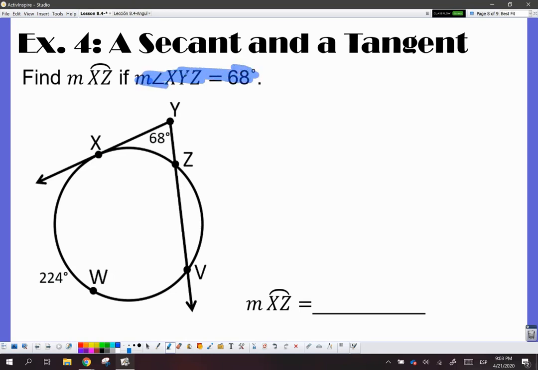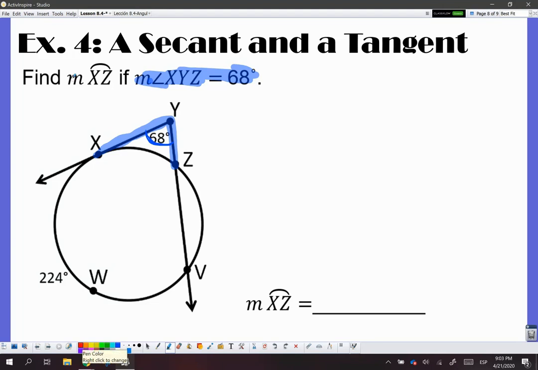I'm looking for angle XYZ. So here's point X, here's point Y, here's point Z. So here is my angle. 68 is already there for us, so I'm just going to put the little mini arc there to know that 68 belongs to the angle XYZ and not the arc XZ.